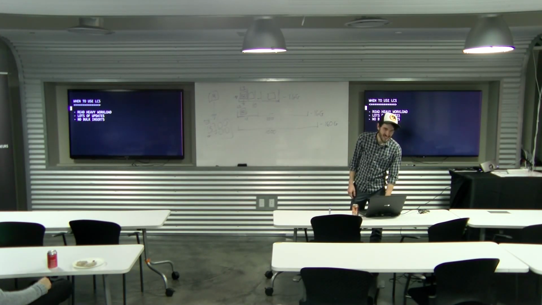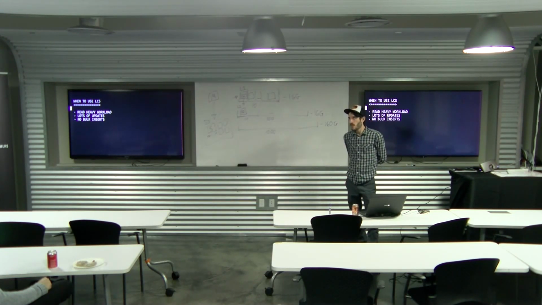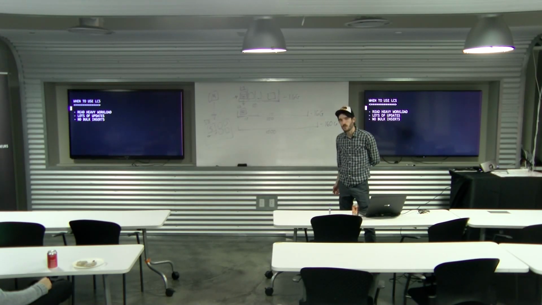Is there any change in the property or the features in DSE 5.0 around level compaction? Yeah, probably. There's been a lot of tickets throughout the entire lifetime of level compaction, a lot of changes around how we deal with level 0, things like anti-compaction if you're doing incremental repair.